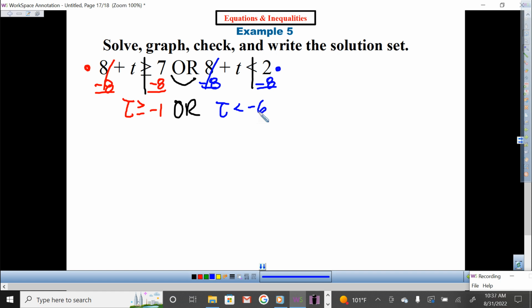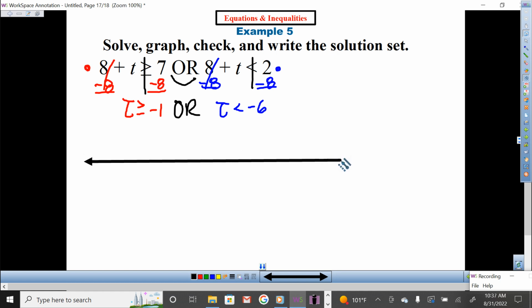All right. So let's do a number line down here really quick. Since I have both negatives, I'm going to put my 0 to the right side, so we have plenty of room. So here we go. Since I already have this one in blue, I'm going to graph this one in blue, this one right here.